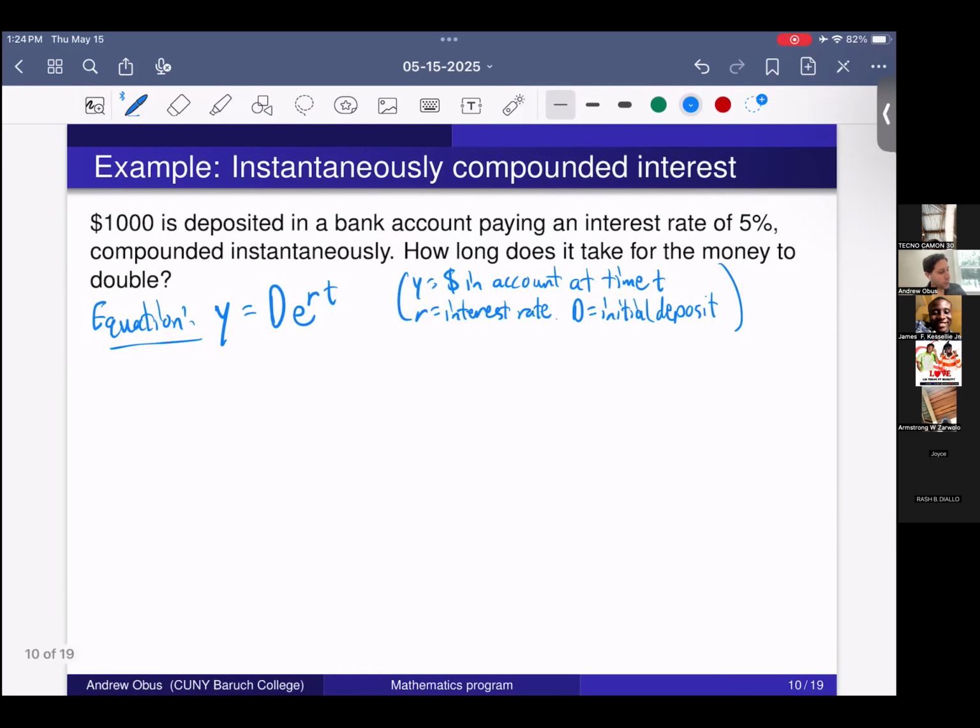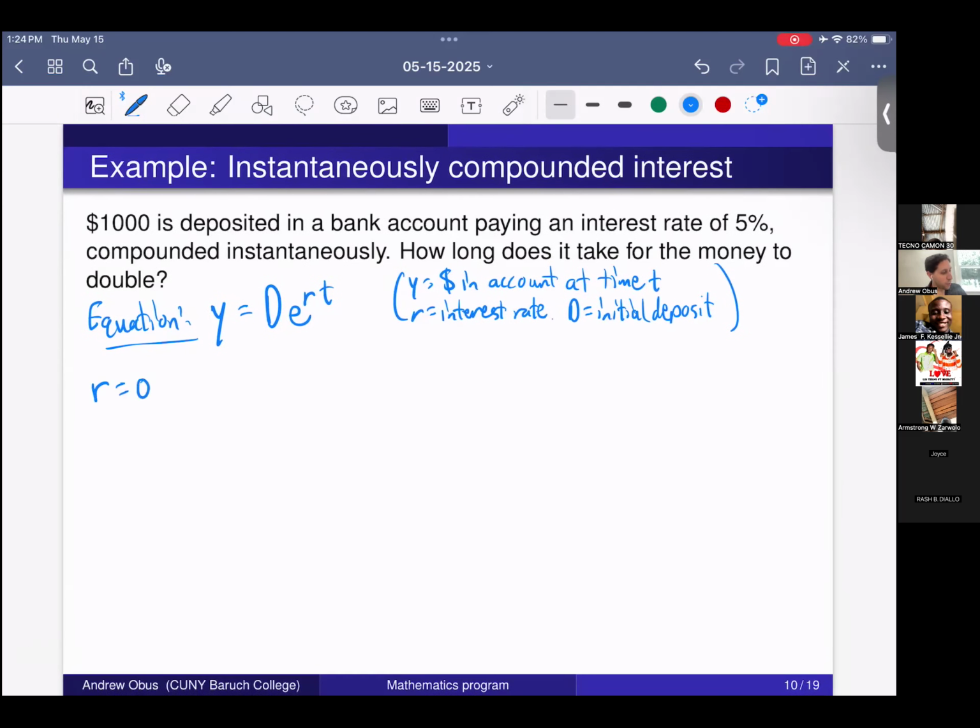So what do we have? In our situation, r is equal to 0.05. And the initial deposit, d, is $1,000. And we want to know how long does it take for the money to double?